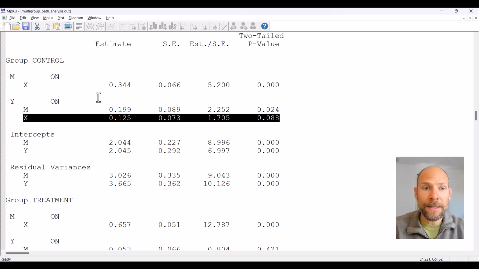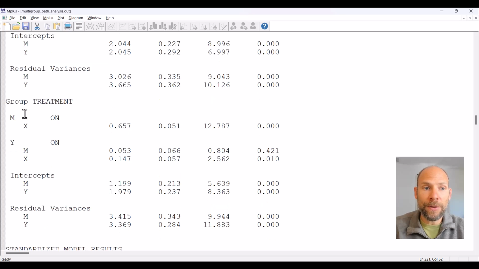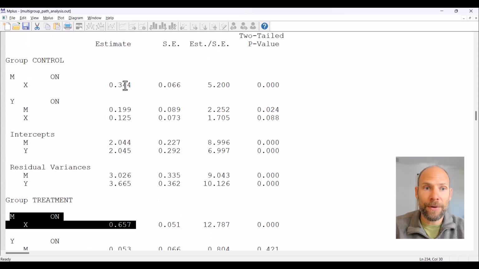We obtain the same coefficients for the treatment group. Notice that they take on different values because they're not constrained to be equal in this version of the model. Here you can see the M on X path, or A path, is 0.657. It was 0.344 in the control group, so there may be a difference here.